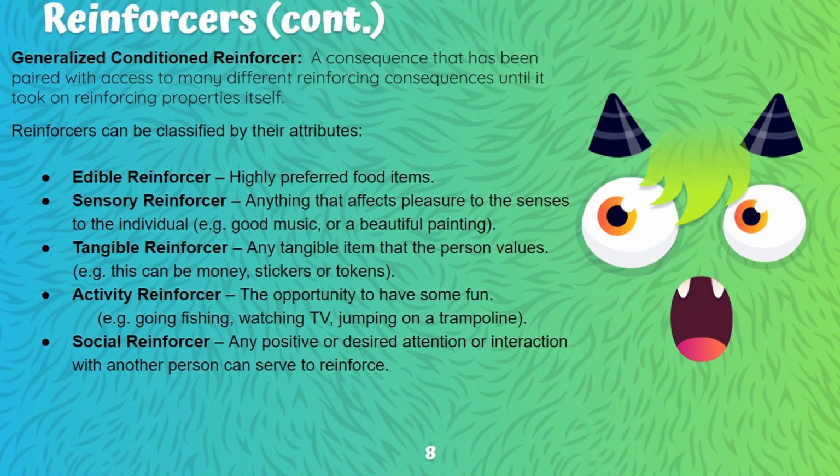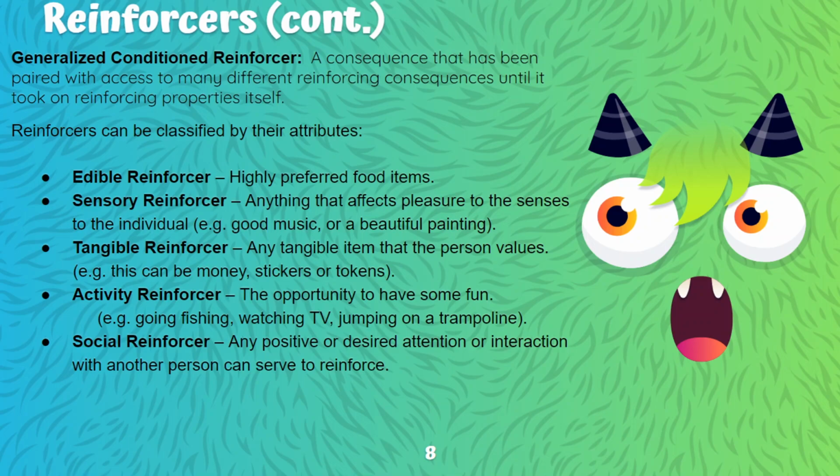Generalized conditioned reinforcers are consequences that have been paired with access to many different reinforcing consequences until they took on reinforcing properties themselves. Even though money is a man-made object and technically cannot give us food or warmth like the primary reinforcers can, it can purchase those things because of our society's laws. So that's why it's now considered a generalized conditioned reinforcer.